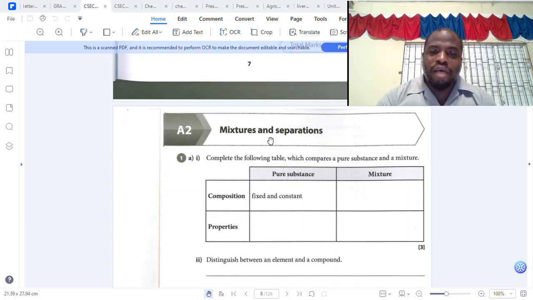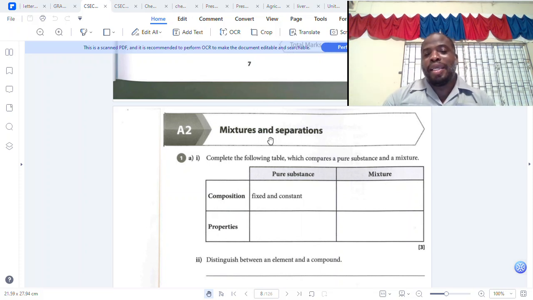And so if you have a pure substance, take for example pure water, it should have the same physical property. So you cannot have pure water that boils at 100 degrees, and I also say that I have pure water, but my boiling point is 98 degrees.